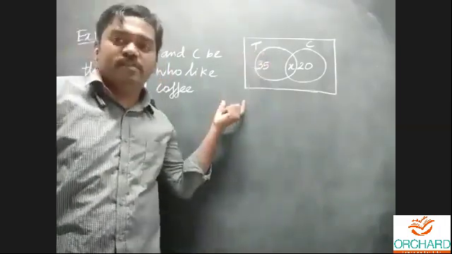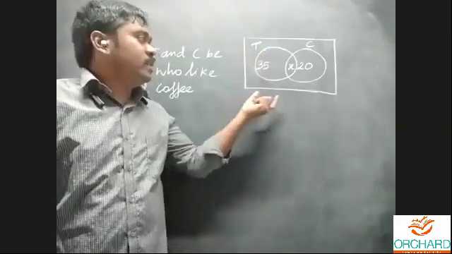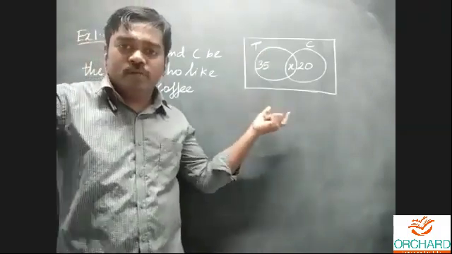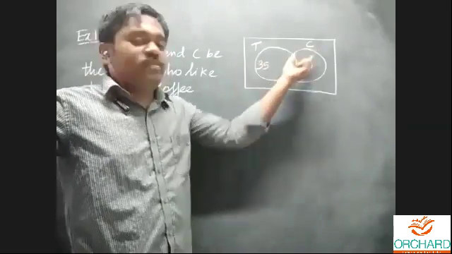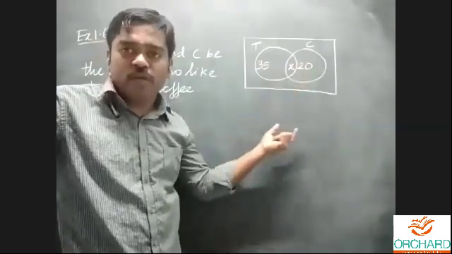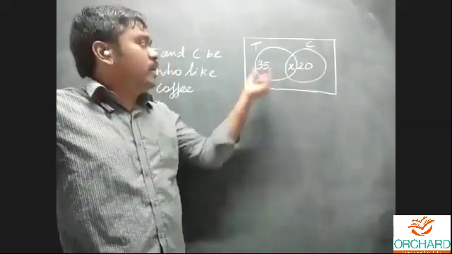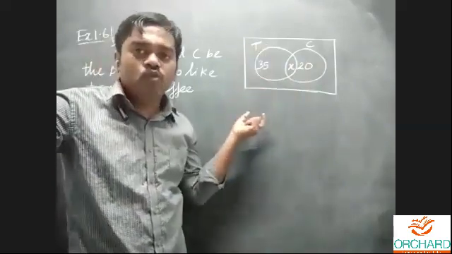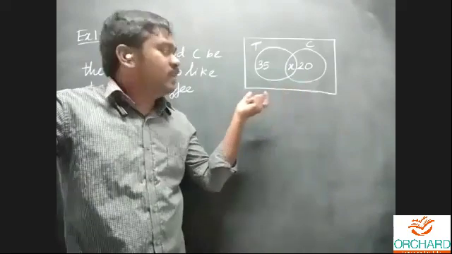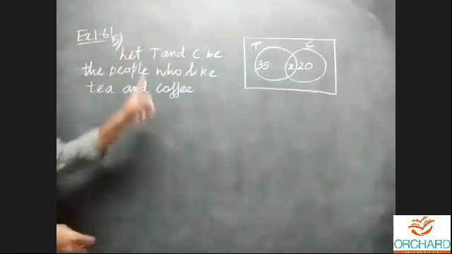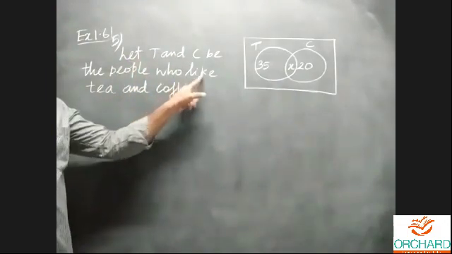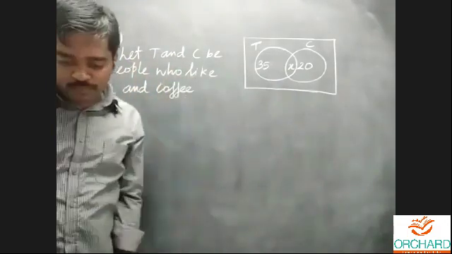Simply write T stands for who likes tea, and C stands for who likes coffee. Okay, let T and C be the people who like tea and coffee.